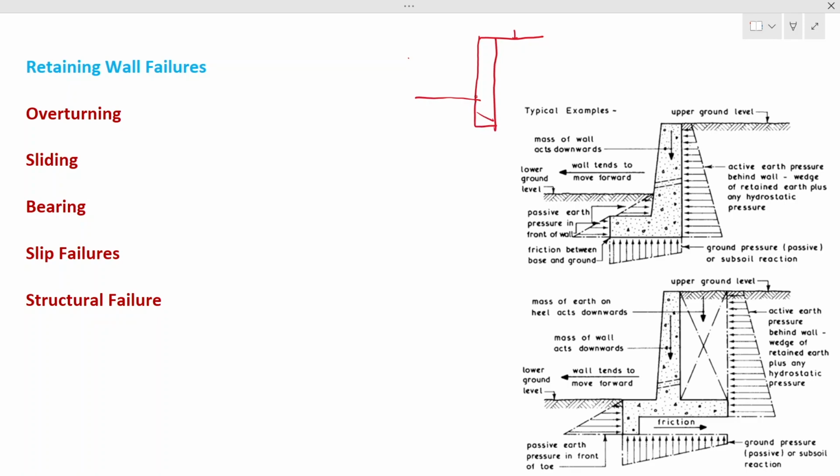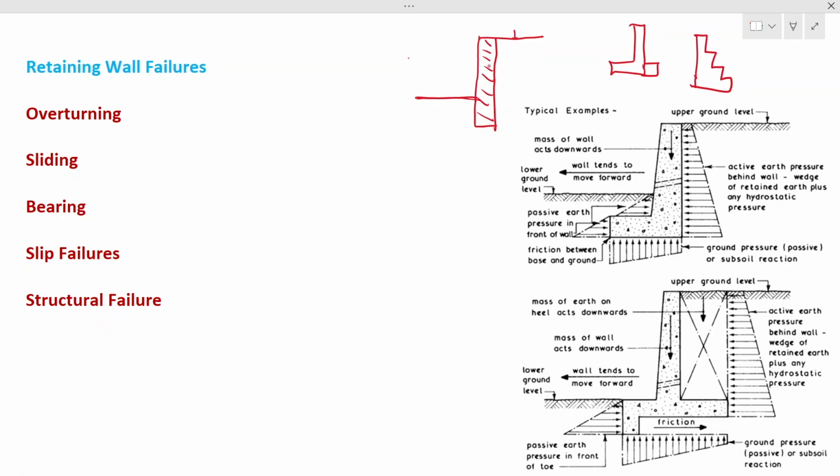This structure is called the retaining wall. There are different types of retaining walls, such as concrete retaining walls like this, rubble retaining walls something like this, and many other types as well. We use these in construction to make the ground stable in this kind of vertical cut.